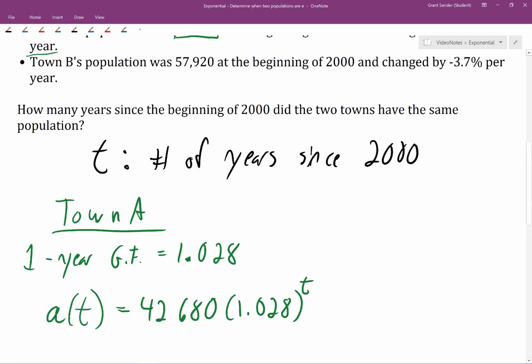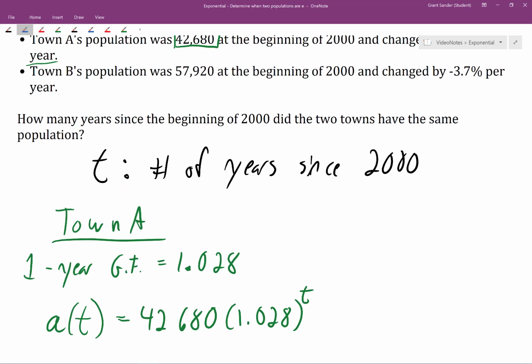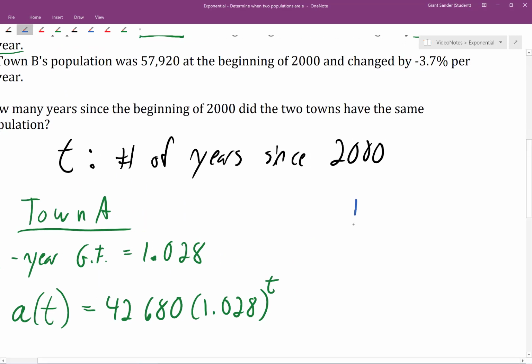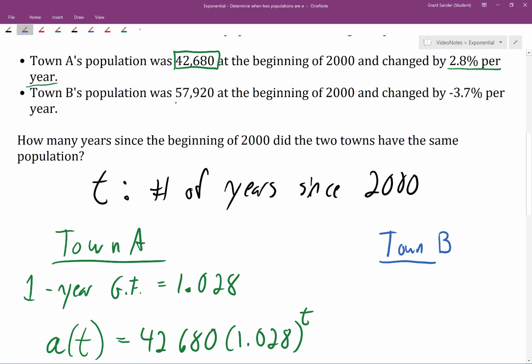Now let's handle Town B. So for Town B, Town B has an initial population of 57,920 and changes by negative 3.7% per year.